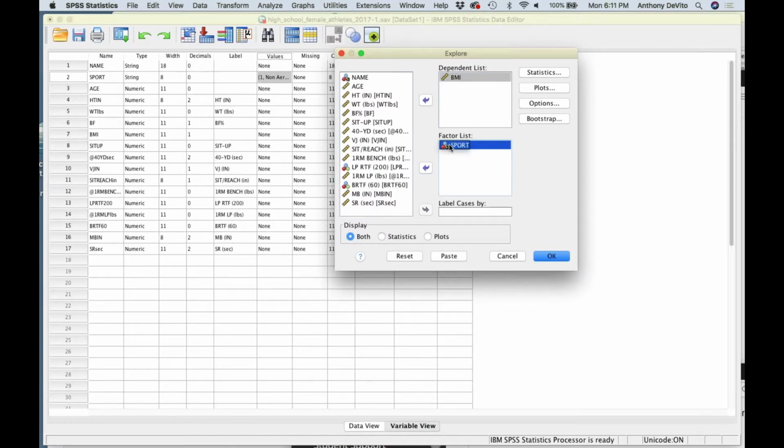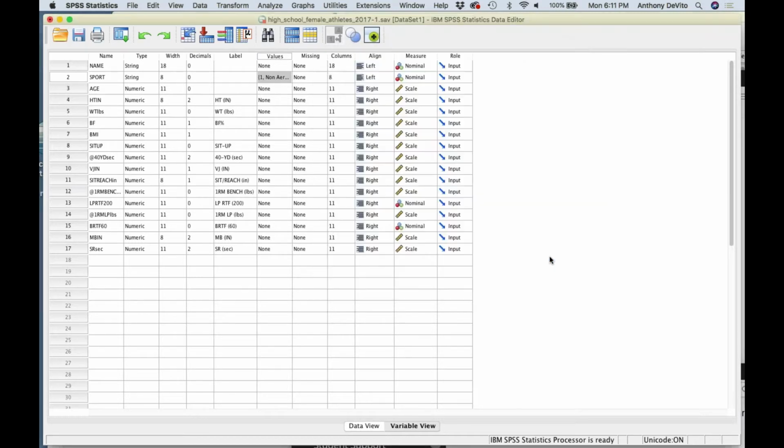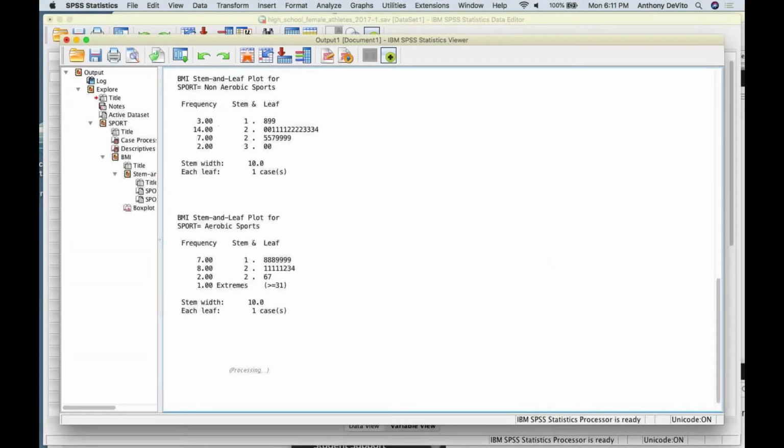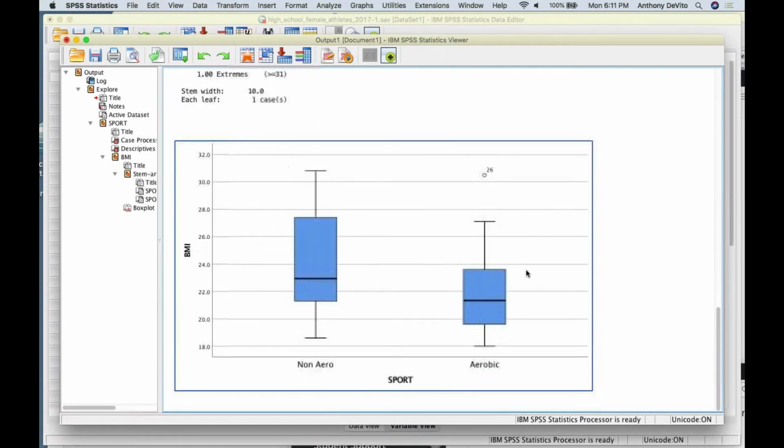Now it's going to break it up into the different values for the categorical variable sport. Click OK, and it will automatically make us a side-by-side box plot. There's our side-by-side box plots.